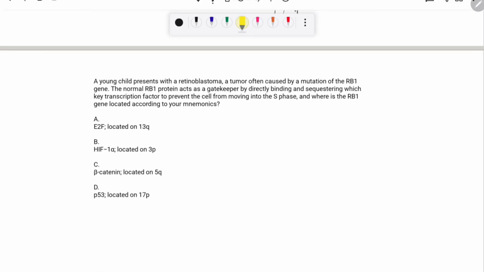Now the last question is about retinoblastoma, that is RB1 gene, and they are asking where the RB1 gene is located according to your mnemonics. So your mnemonics will not come, so cancel it. Okay, so it is asking you the RB1 gene location. You have to quickly recall the mnemonic for the RB gene, for which I gave you two mnemonics.